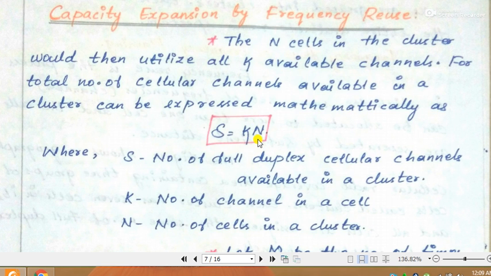For example, each cluster has 7 cells, so N equals 7, and K is the number of channels in a cell. For example, each cell contains 10 channels, so in total there are 70. That is S equals K into N. By using this we can calculate the capacity expansion for the cellular concept.